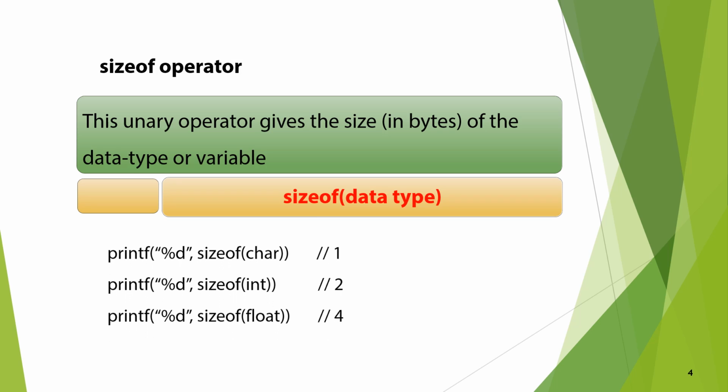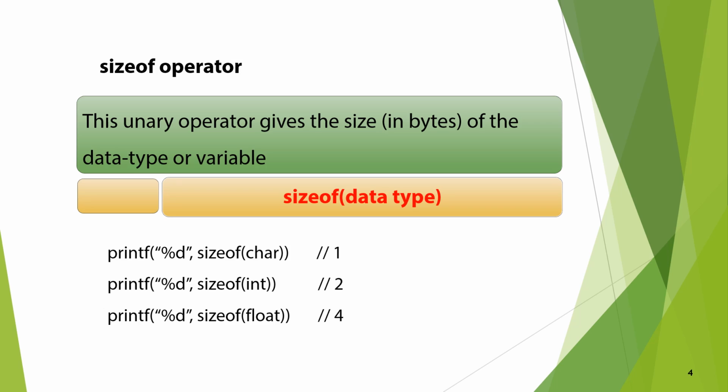For example, if we want to display the size of a character, or the bytes required for a character, we can write printf with %d because we want to display the size as an integer, followed by sizeof with the data type char in brackets.